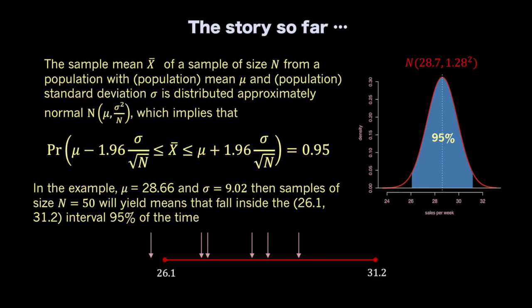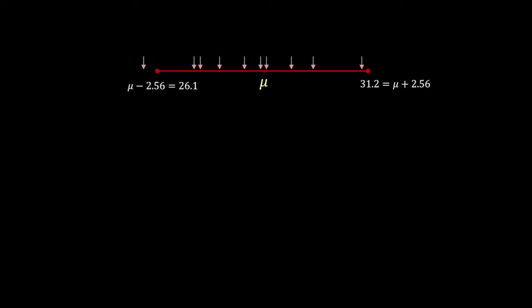One time out of 20, you're going to get a sample mean that is too extreme, too different, and it's going to fall outside this interval. But most of the time, or exactly 95% of the time, if you do it many times, you're going to get sample means in this interval.